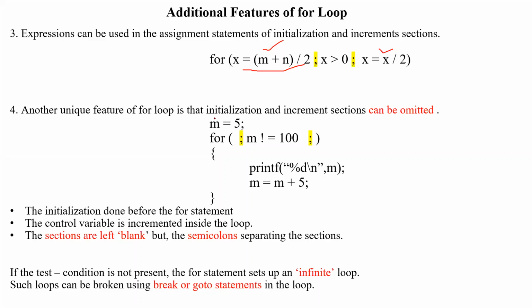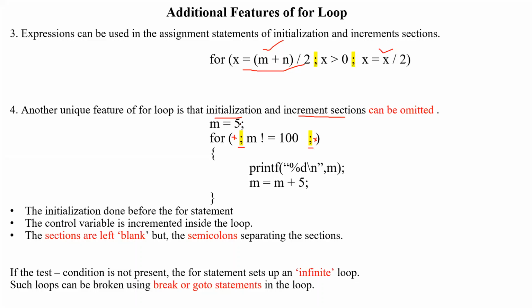Here I have given that the initialization and the increment section can be omitted. That means we are not mentioning them within the bracket. Got it? Here and here we are not mentioning, but the semicolon is compulsory, that is mandatory. The semicolon which separates the initialization part and the updation or increment or decrement section should be there.